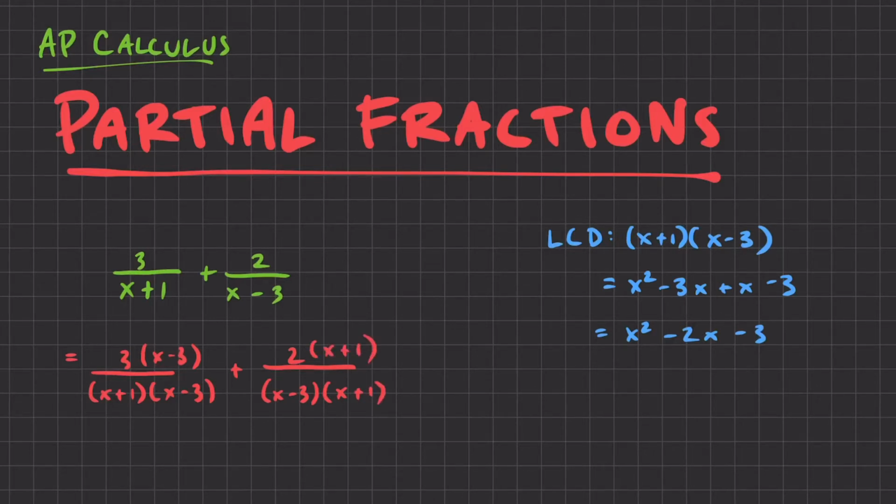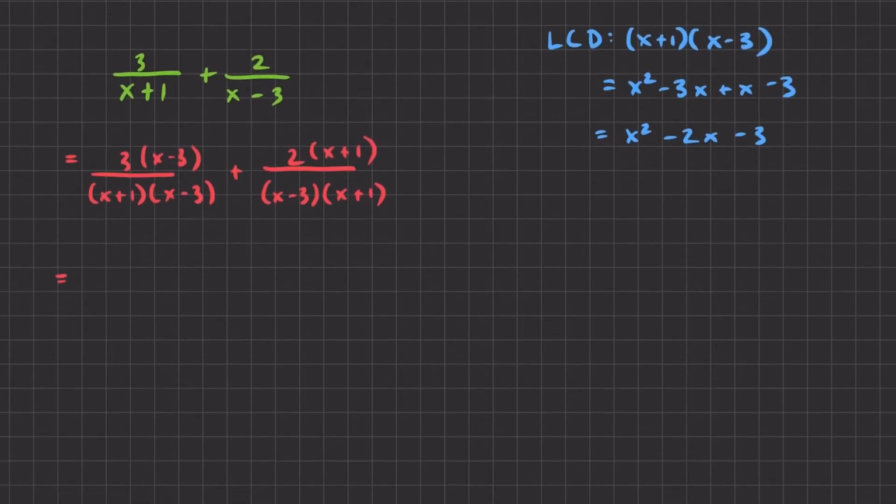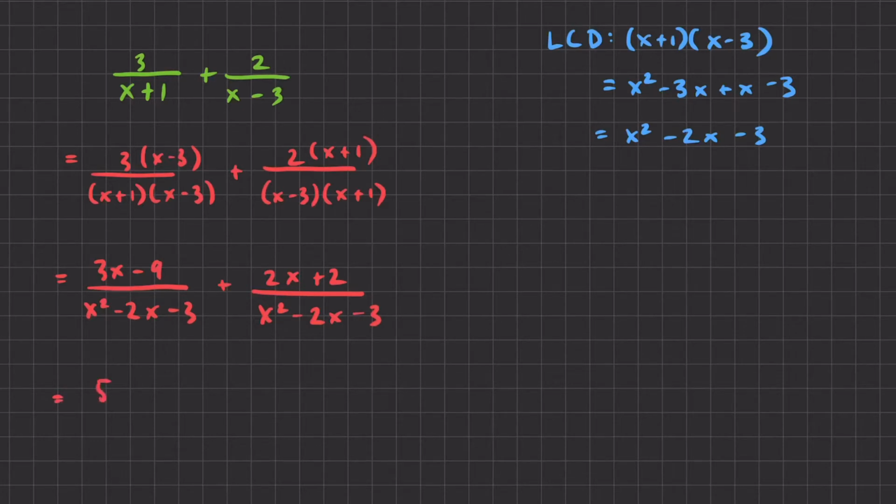Okay, and this is all equal to, well, I've got 3x minus 9 over x squared minus 2x minus 3 plus 2x plus 2 all over x squared minus 2x minus 3. Now I can go ahead and add these together, and I'll be left with 5x minus 7 all over x squared minus 2x minus 3.